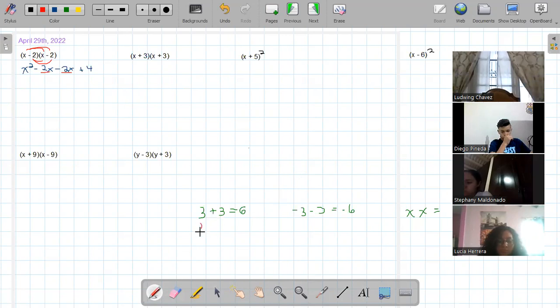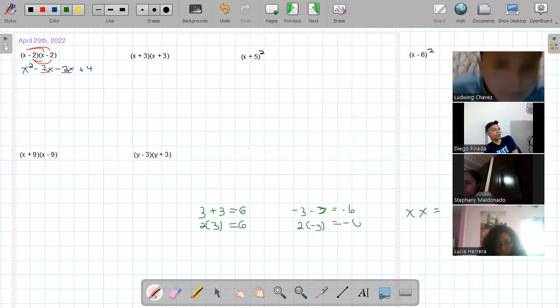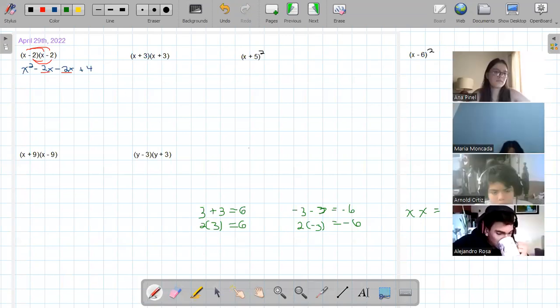Or 2 times 3. It will still be 6. Same thing as if I have -3 minus 3, it is the same thing as saying 2 times -3, right? Because we're multiplying. We know that a multiplication is the abbreviation of the addition of the same number several times.